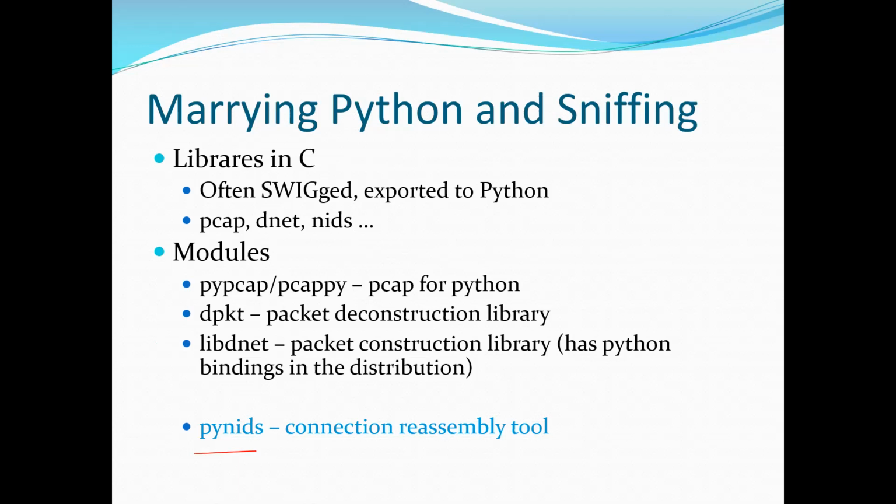So for instance, an interesting project would be if your IDS doesn't just look at packets, but it actually does TCP stream reassembly. So that is to say, it's going to look at a lot of packets in the network for one specific TCP communication.